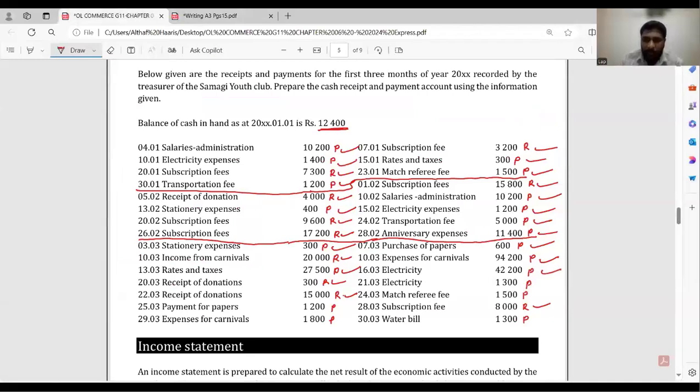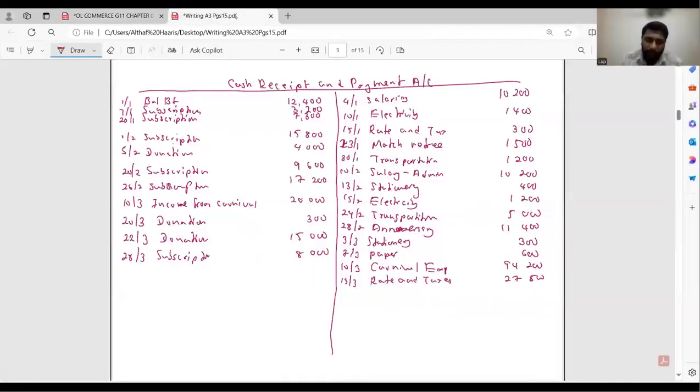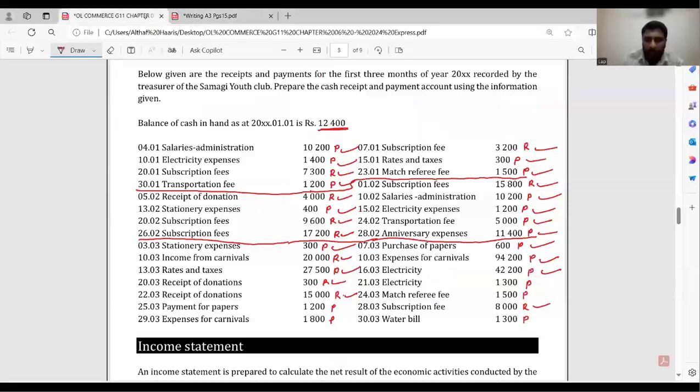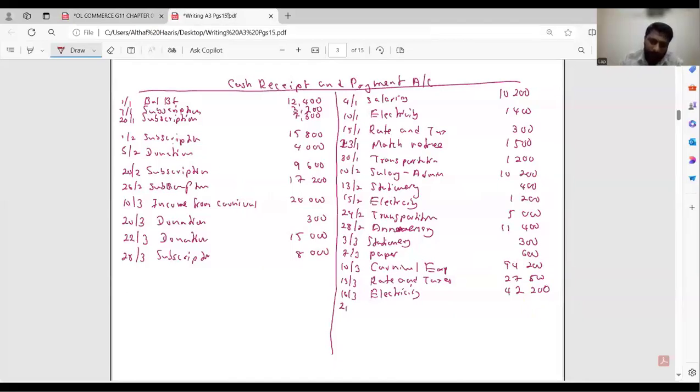Electricity 42,200. Then electricity 1,300.